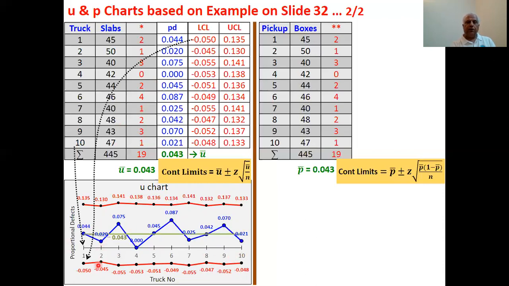This is your lower control limit, minus 0.050. Then this is your upper control limit, 0.135. And finally, this is your data, not this data, but proportional data, which is plotted here. And this is your U chart.